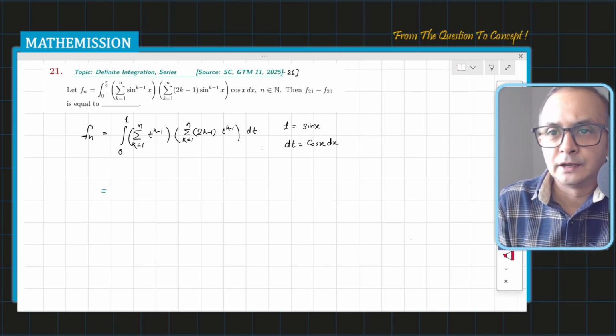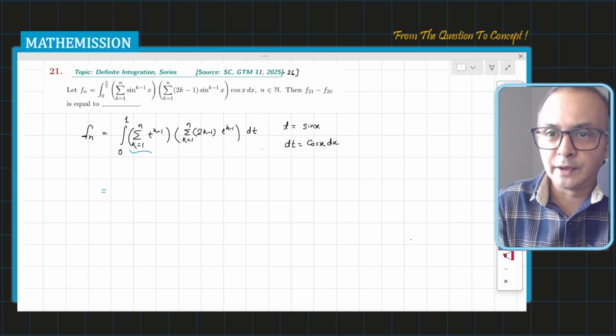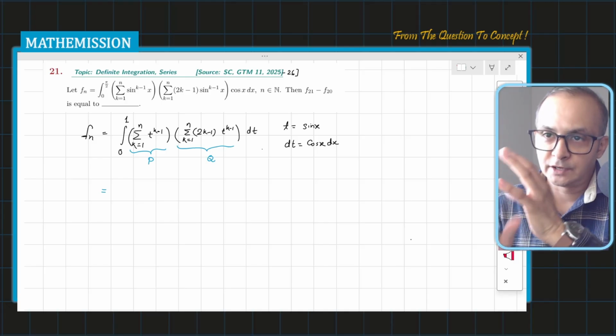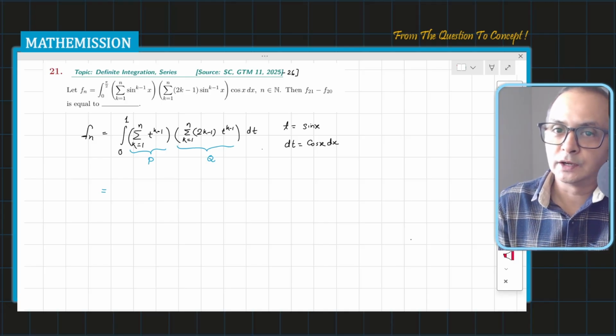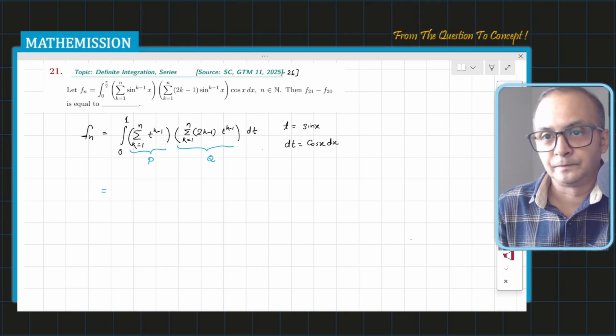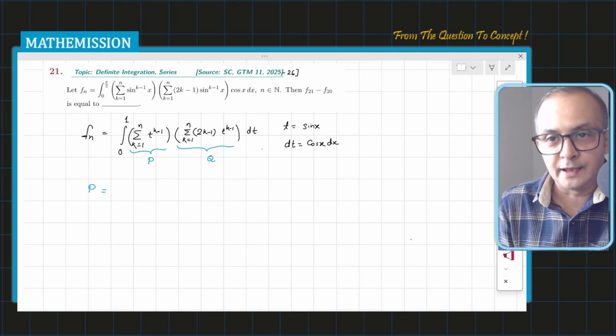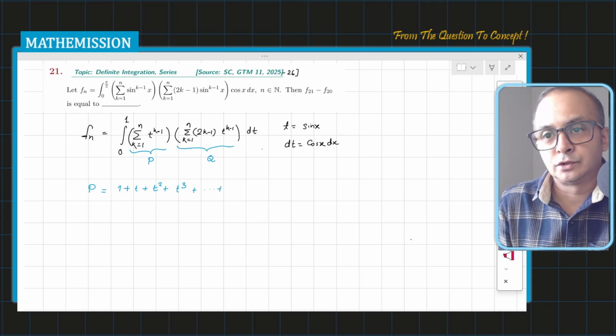Let's see. This summation I'm assuming as, let's say, P, and this summation I'm assuming as Q. And I want to write the general term of the product of the two summations. P I can write in the expanded form as 1 plus t plus t squared plus t cubed, and all the way up to t to the power n minus 1.